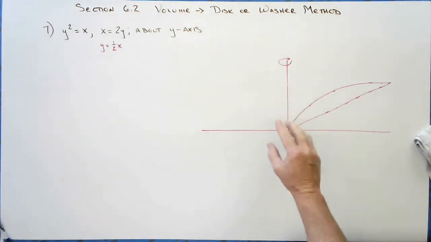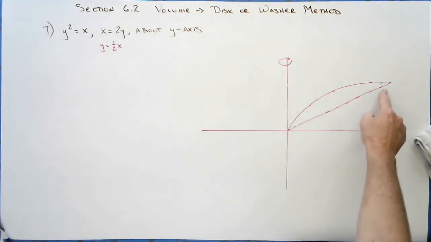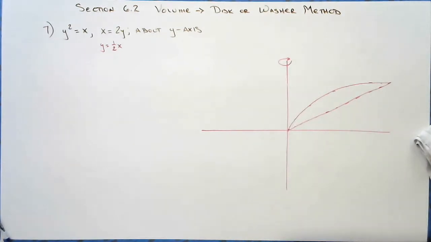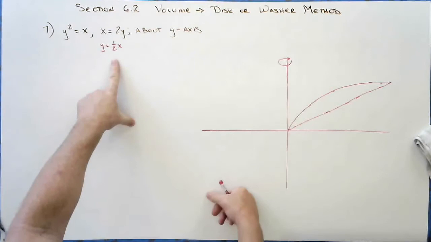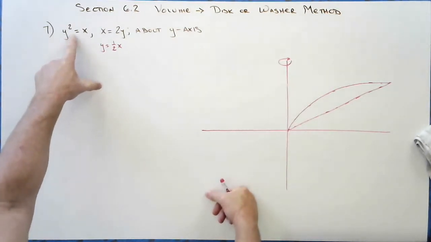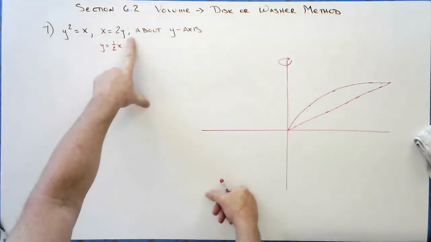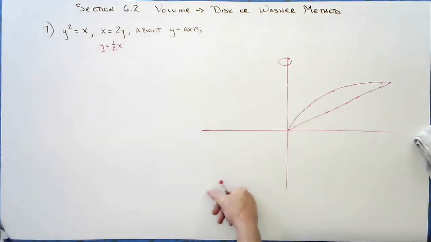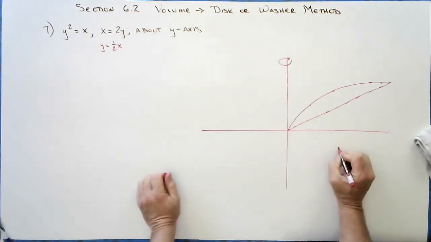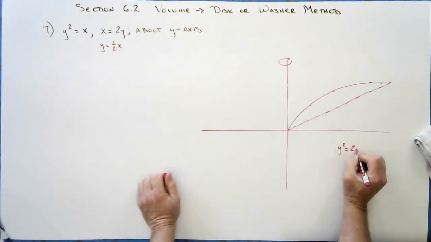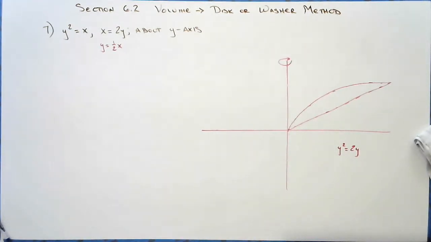Now, before we rotate this, we want to find this point of intersection. So we can solve this. If we wanted to solve this, we would have y squared equals 2y, since they're both equal to x. Most of the time we can solve these in our head. What can I multiply by 2 that's going to give me the same thing squared?